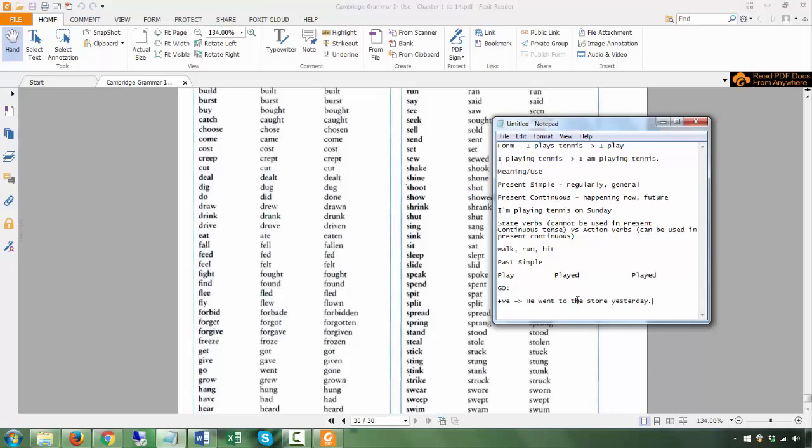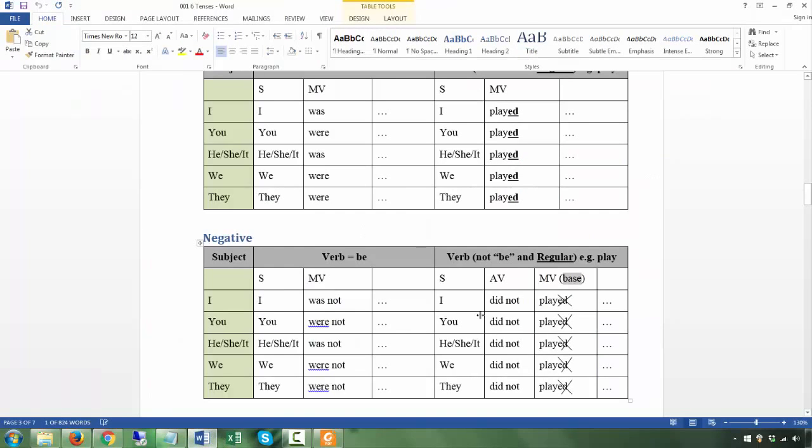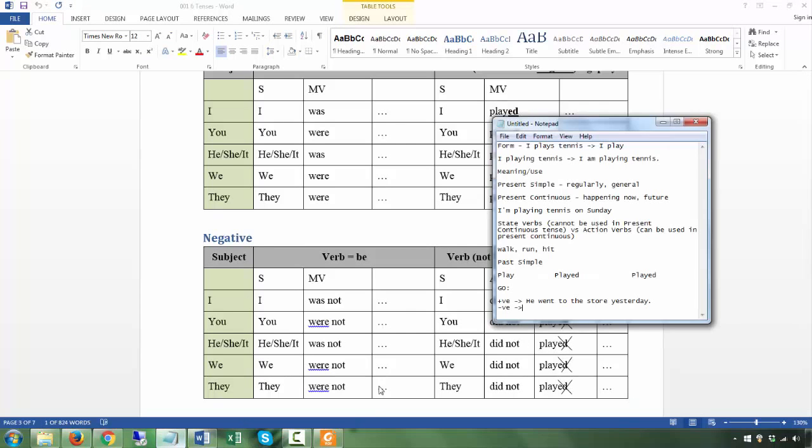This verb is irregular, so you don't put ED, you don't put goed. You have to come here and look at the past simple, which is went. Now, if you want to put it in negative, you have to use the auxiliary did not and then the base verb. So he did not go to the store yesterday.